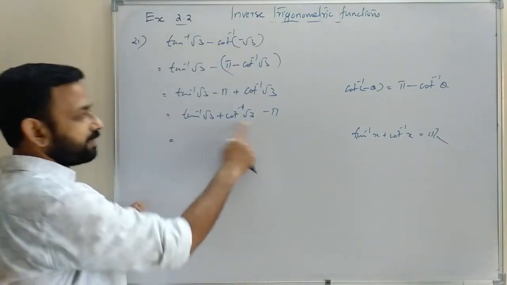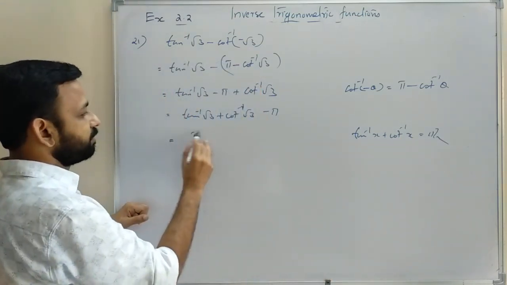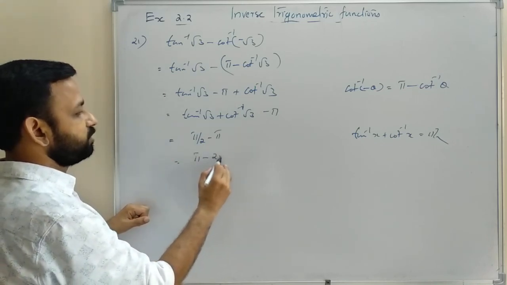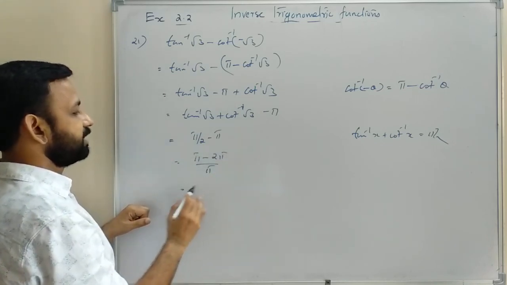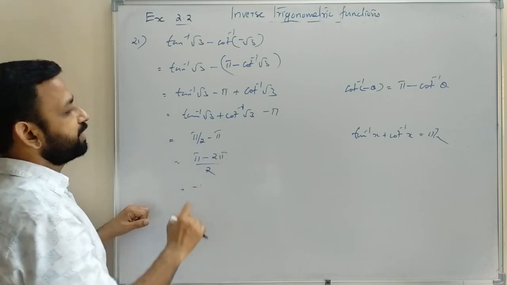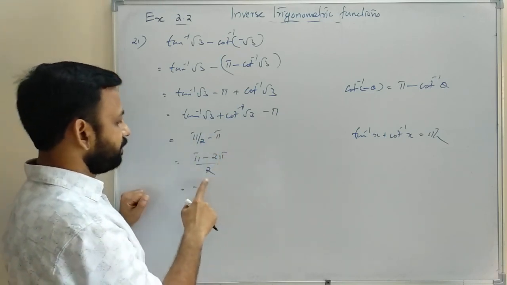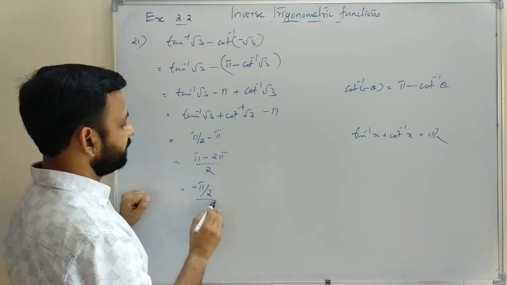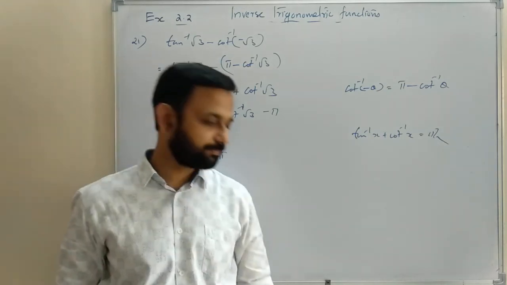So we can replace this expression by π/2. So π/2 minus π. Then take LCM: π minus 2π upon 2, that is minus π/2. That is the answer.